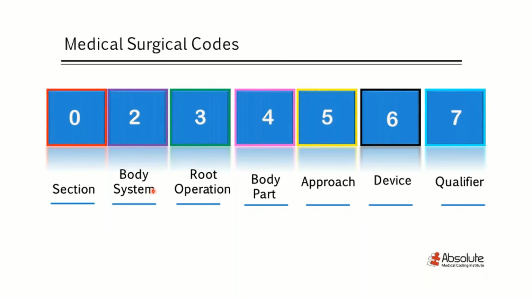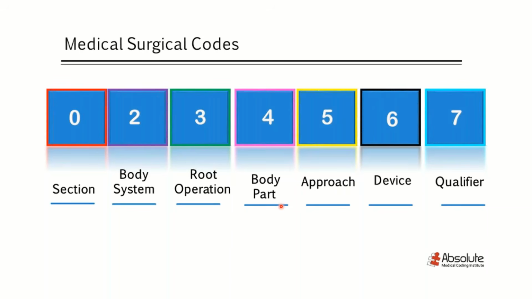The second tells you about the body system, which body system you are coding, right? Third is your root operation. Now, the root operation is the actual procedure, and we'll talk about that very shortly.